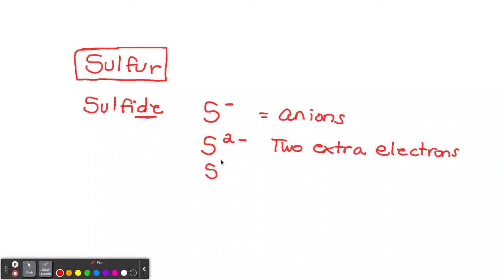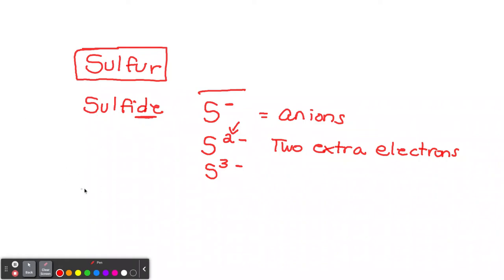So what do you think this might mean? Right? It has 3 extra electrons. So that little superscript right here, it looks like an exponent, tells you how many extra electrons the element has if it's a negative ion. Now, if it's a positive ion, it also will have a number there, but it won't be extra electrons, it'll be extra protons. Okay, so that's "ide."